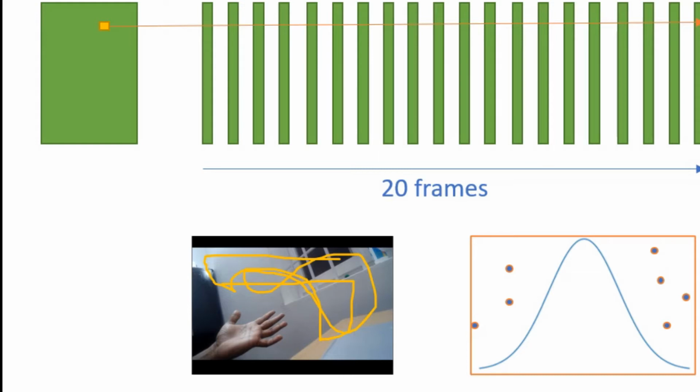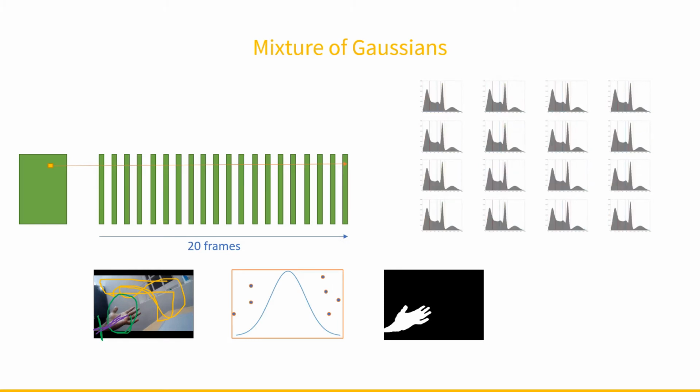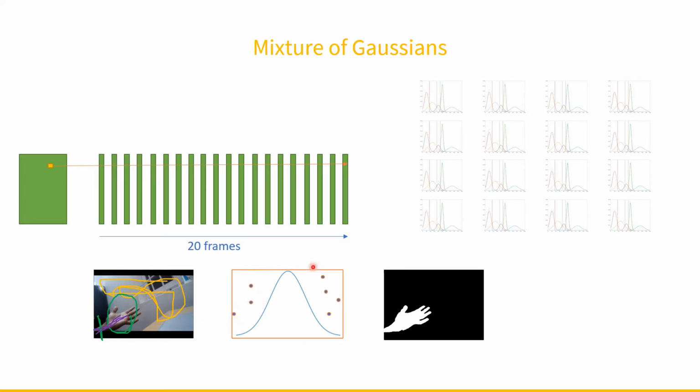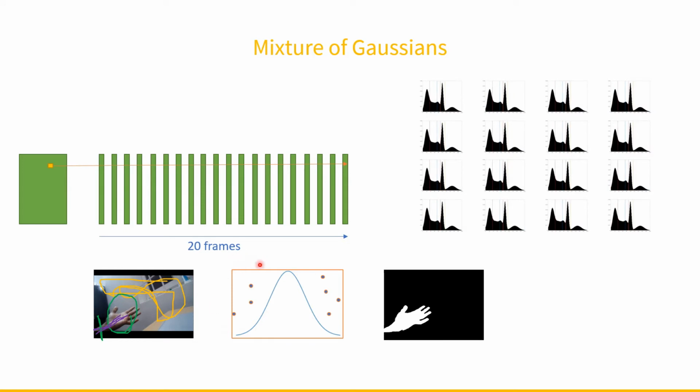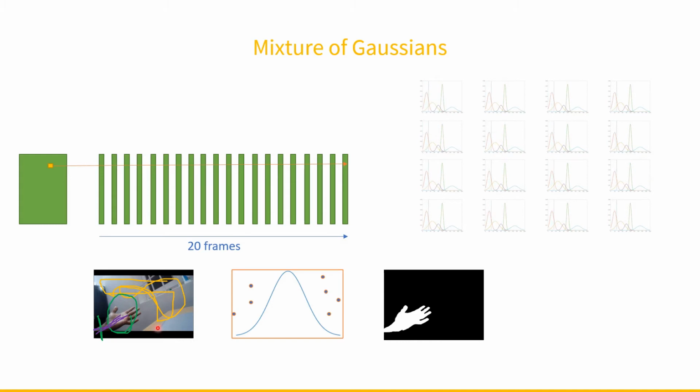Right here, this area also has white and black as background, but when a new hand comes, it will not obey and will be an outlier in the Gaussian distribution, somewhere here and here, not inside the bell curve. So this area will be highlighted as 1, and the other areas where there is no change and which obey the Gaussian distribution will become black.